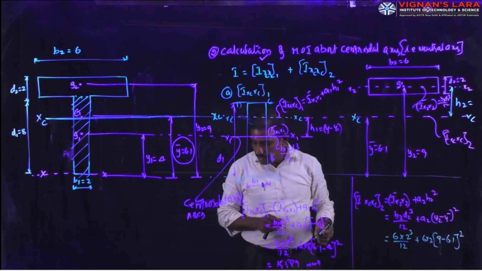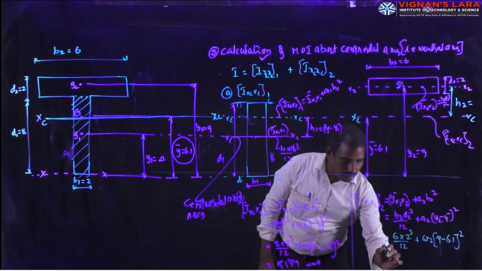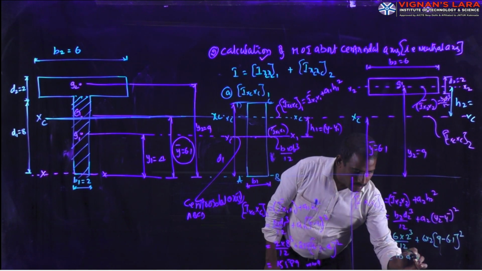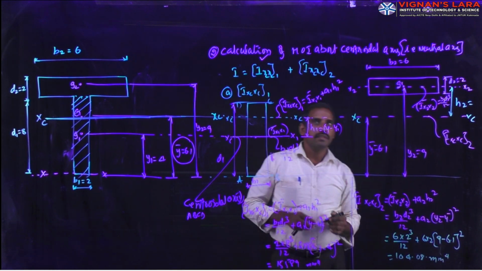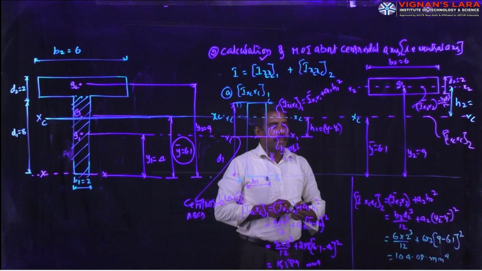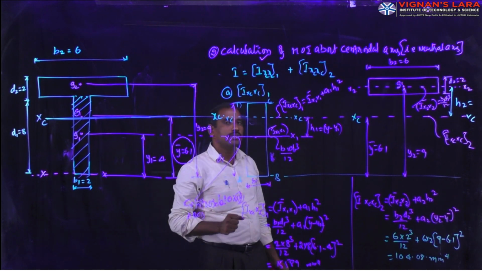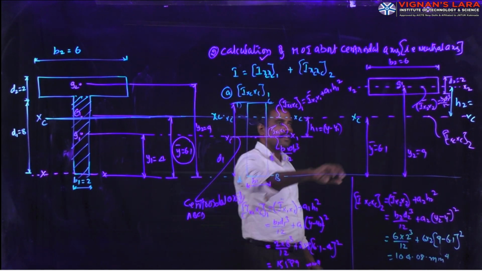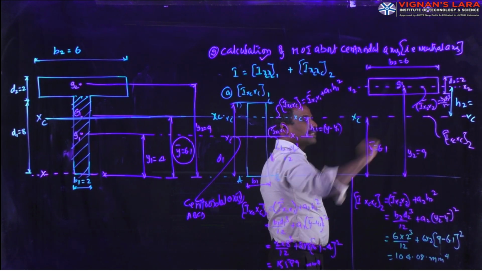Finally, it is 104.08, for example, if it is in mm^4. So we calculated the moment of inertia of the first rectangle about the non-central axis xc and the moment of inertia of the second rectangle about the non-central axis xc.